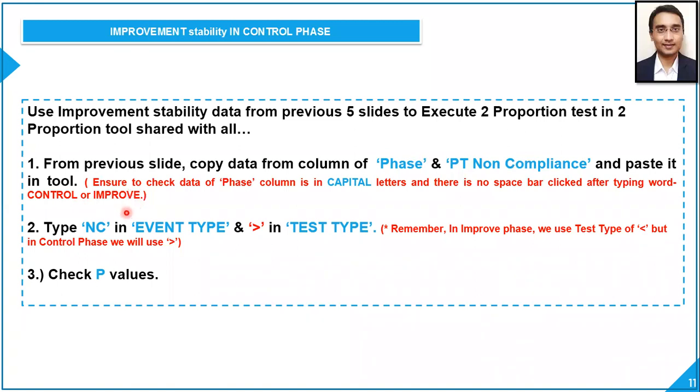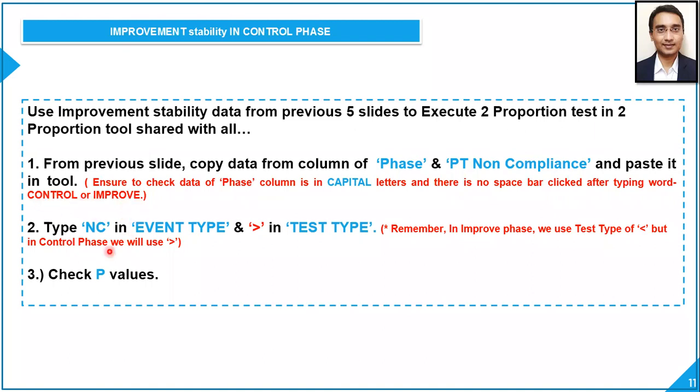Likewise, just do it for the rest. You can just drag the word improve and the word control across the sheet, so that's quite easy to do. All we need to remember is we shouldn't have any space after typing control and improve.